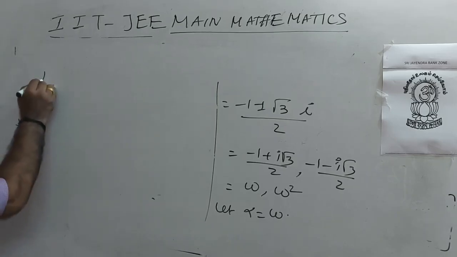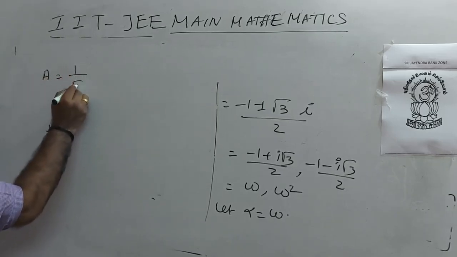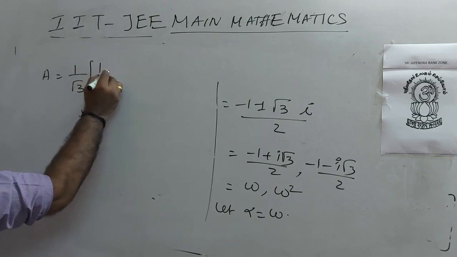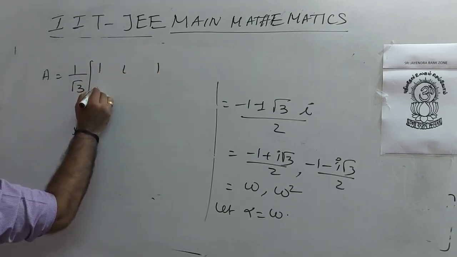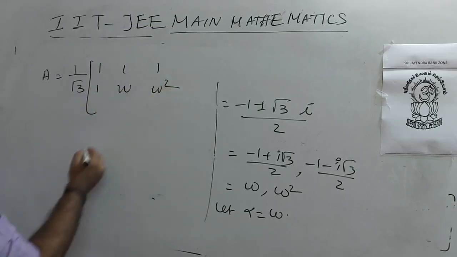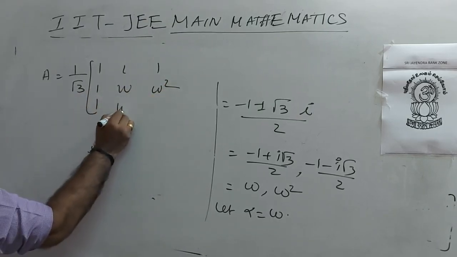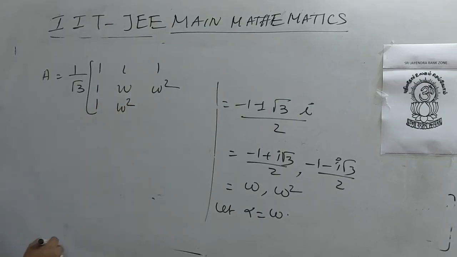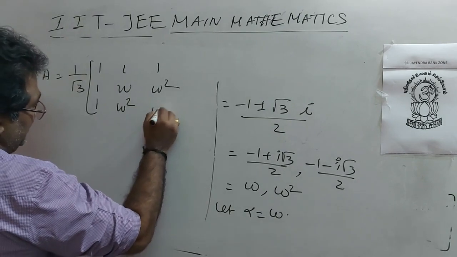So A is given as 1 by root 3, [1 1 1], [1 alpha alpha squared], so 1 omega omega squared. Third row, 1 alpha squared, that is omega squared, alpha power 4, that is omega power 4, that is omega.